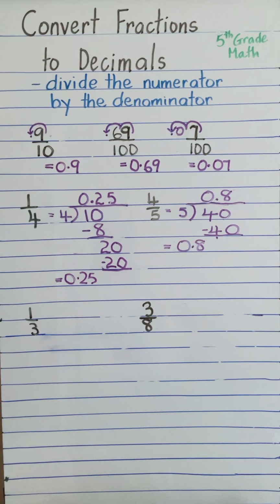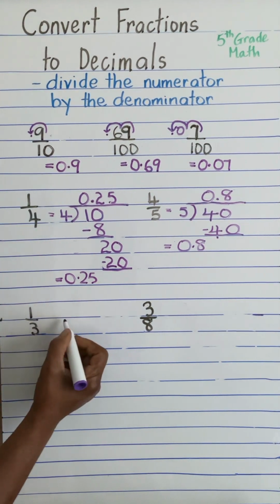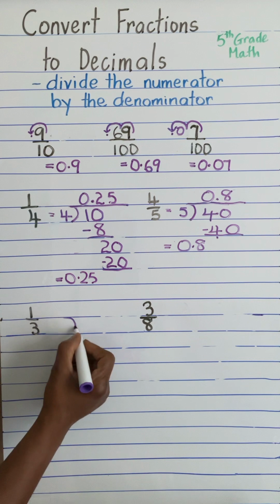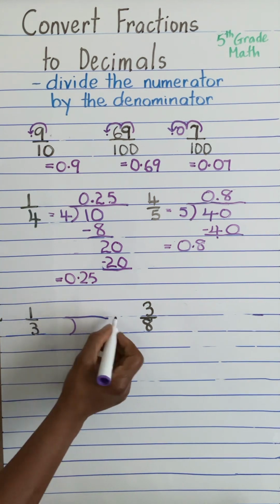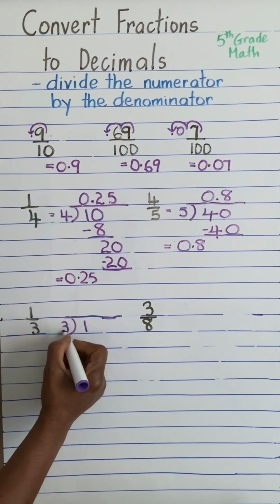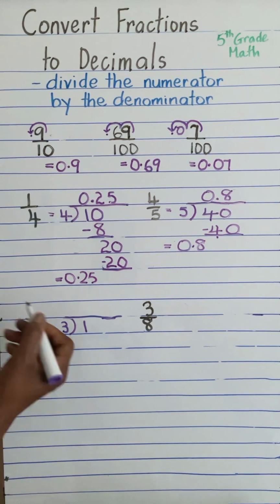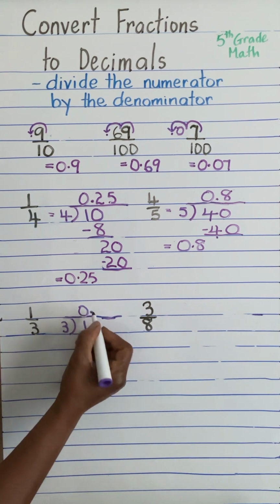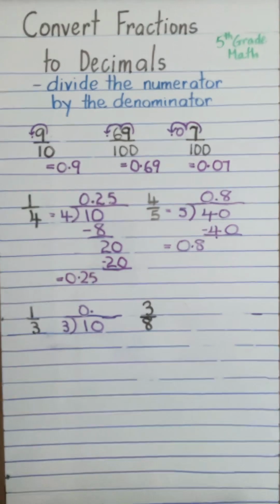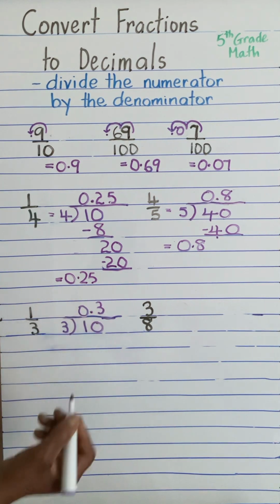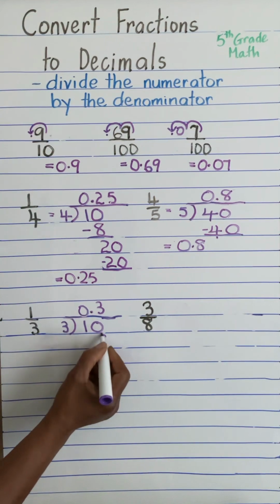Next, 1/3. 1 divided by 3. How many times can 3 go into 1? It's no times, so we put a point and add a 0. How many times can 3 go into 10? 3 times. 3 times 3, 9.